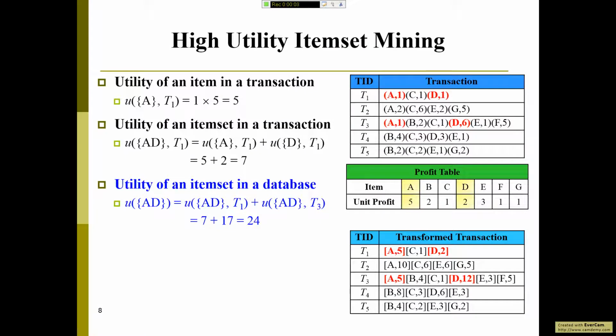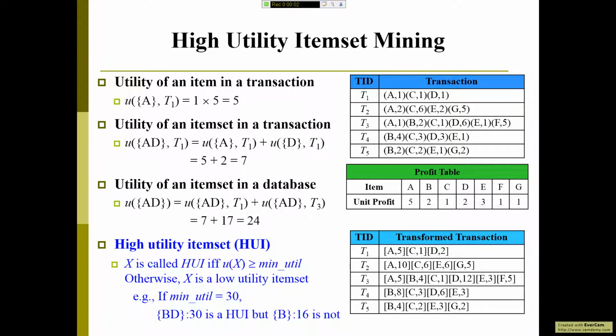The utility of an itemset in a database is the sum of the utilities of the itemset in all the transactions. For example, AD appears in transactions 1 and 3. The utilities of AD in these transactions are 7 and 17 respectively, which sum up to 24.